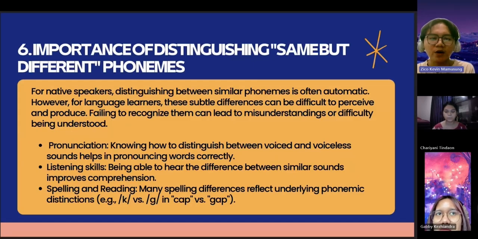Pronunciation: knowing how to distinguish between voiced and voiceless sounds helps in pronouncing words correctly. Listening skill: being able to hear the difference between similar sounds improves comprehension. And spelling and reading: many spelling differences reflect underlying phonemic distinctions, for example, K versus G in cap versus gap.